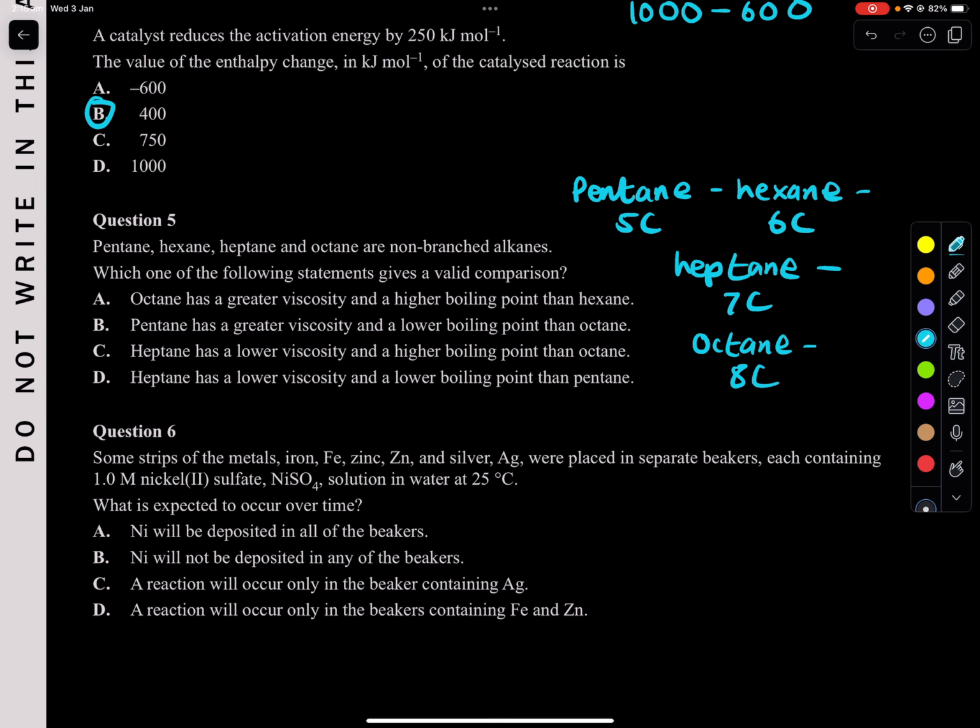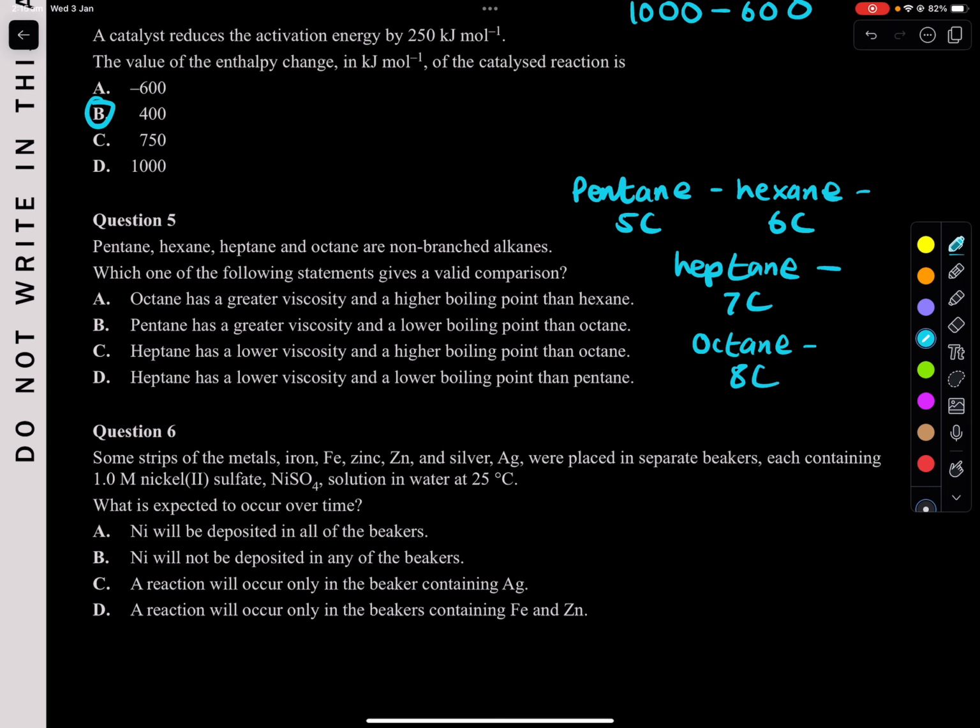So octane has a greater viscosity and a higher boiling point than hexane. True, as you can see, we can put a tick on that. Pentane has a greater viscosity and a lower boiling point than octane?